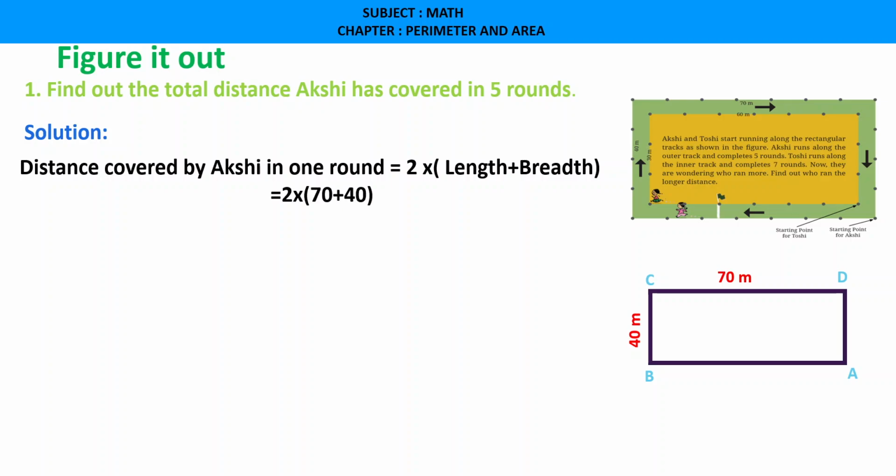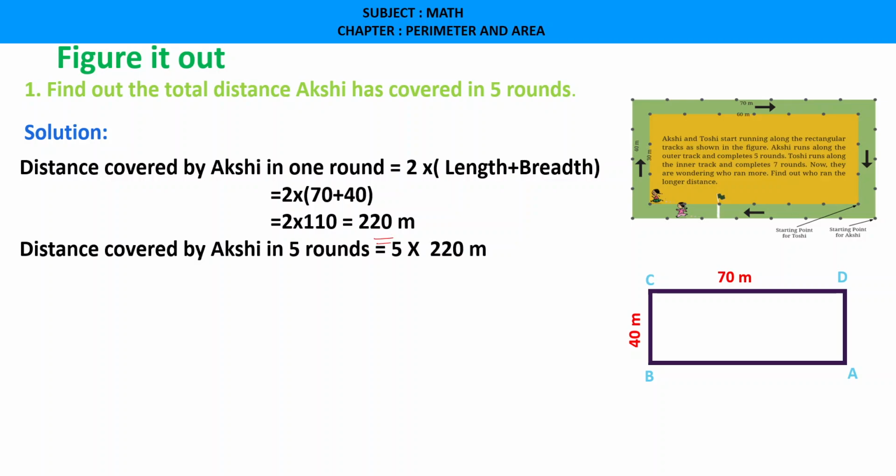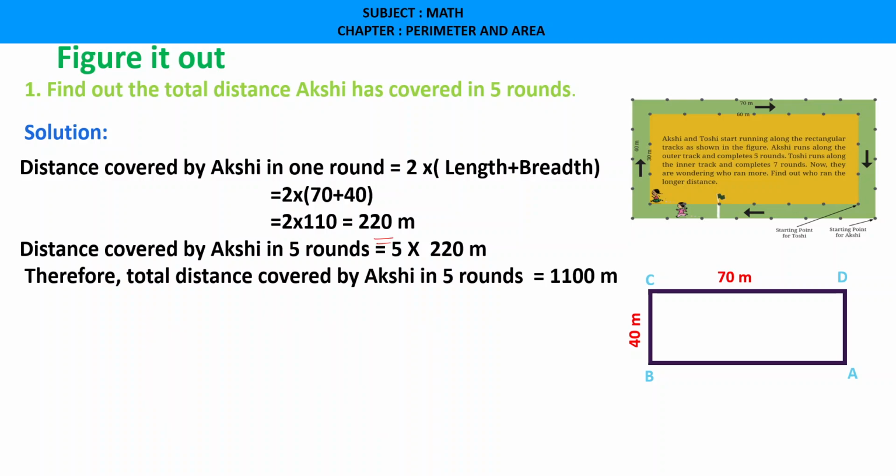That is 2 into 70 plus 40, nothing but 2 into 110, that is 220 meters. Therefore, the distance covered by Akshi in 5 rounds is equal to 5 into 220 meters. Therefore, the total distance covered by Akshi in 5 rounds is equal to 1100 meters.